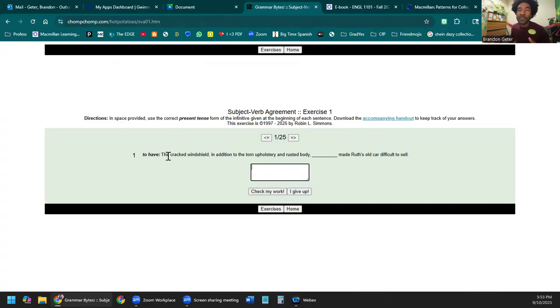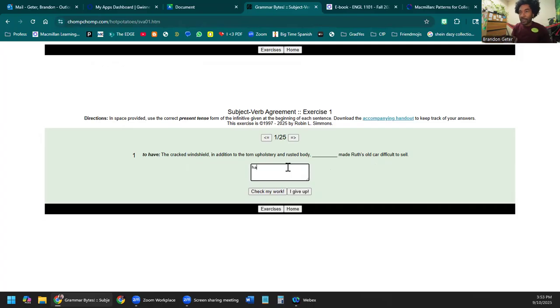So to have, conjugating it is I have, you have, he, she, it has, we have, they have. So it's one of those. The cracked windshield, in addition to the torn upholstery and rusted body, has made Ruth's old car difficult to sell.